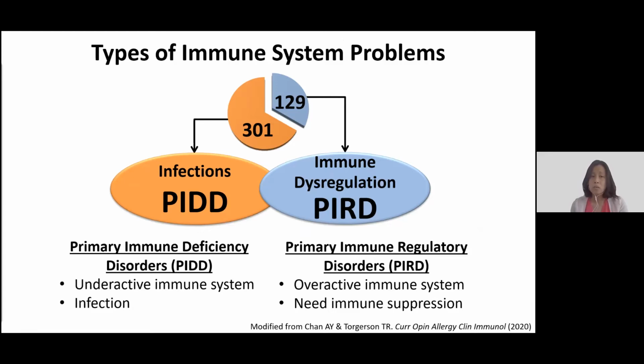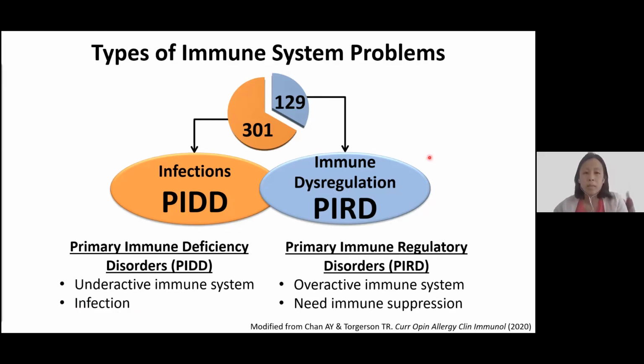Roughly 2/3 of the genes are known to cause problems with infections, and this is called primary immune deficiency disorders, or PIDD. The patients oftentimes have problems with an underactive immune system, such that they get a lot of infections and they require treatments to prevent infections to keep them well.